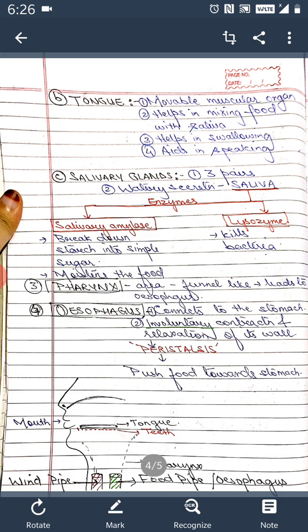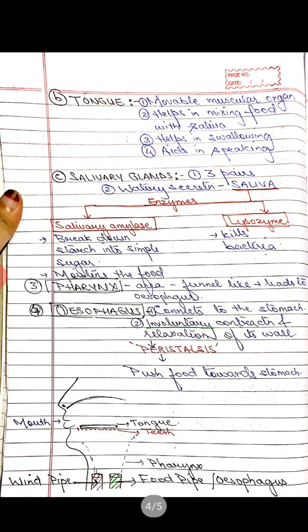There are certain involuntary contractions and relaxations of its wall, which are known as peristaltic movement or peristalsis. With this contraction and relaxation, the food present in the esophagus is pushed downwards towards the stomach. So these peristaltic movements help in pushing the food towards the stomach.